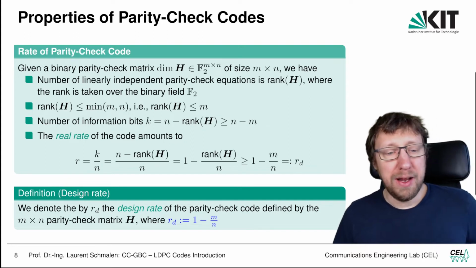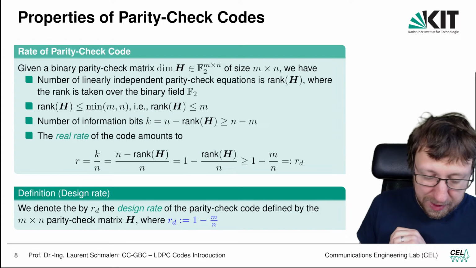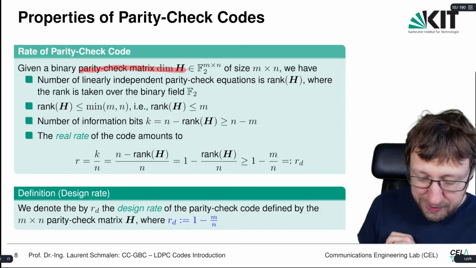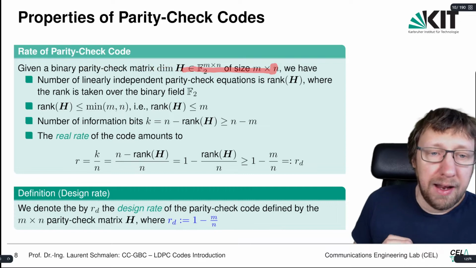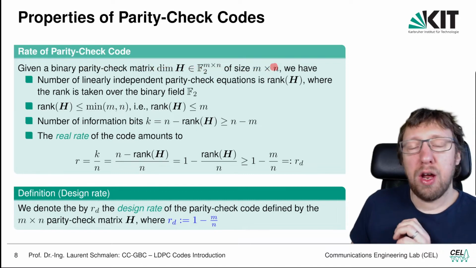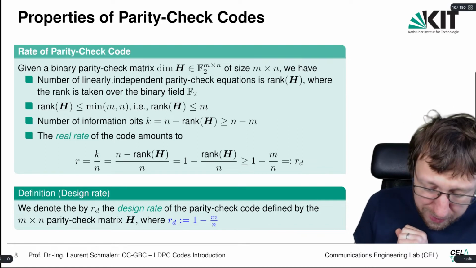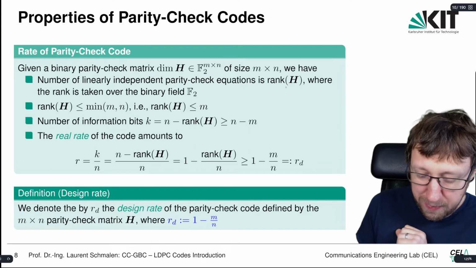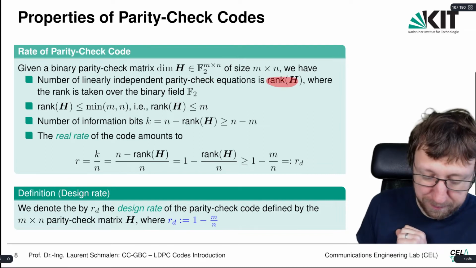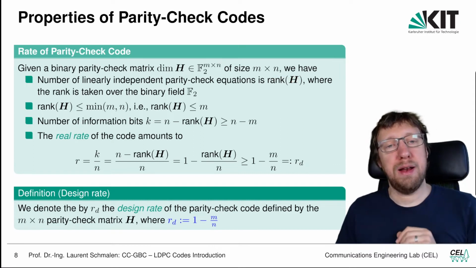We have to be a little bit careful because of the following fact. If we have a parity-check matrix H of size m times n, then, recalling linear algebra, the number of independent rows in H is the rank of H. So we count how many rows are linearly independent.